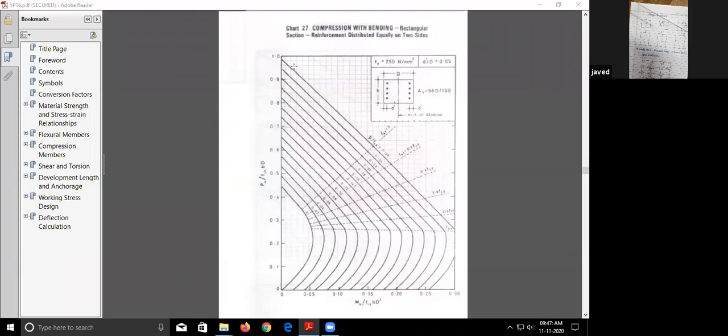Determine the ultimate compressive load the column can take if Mu is equal to 100 kilonewton meter and d dash equal to 40 mm.